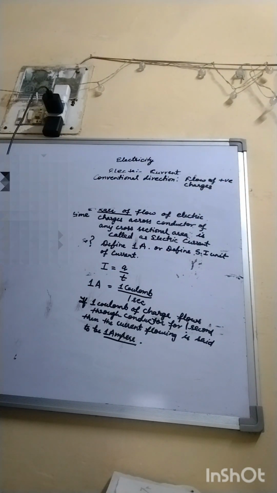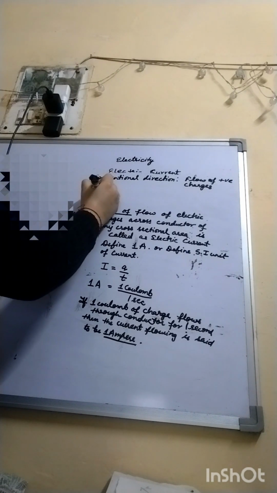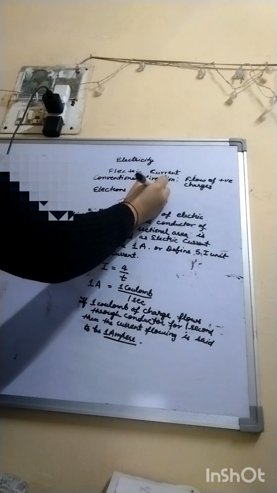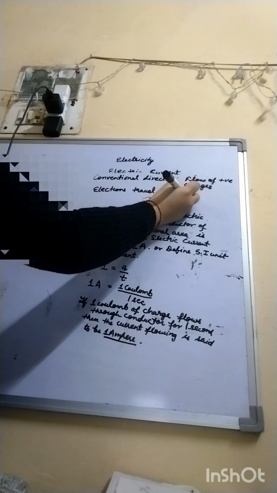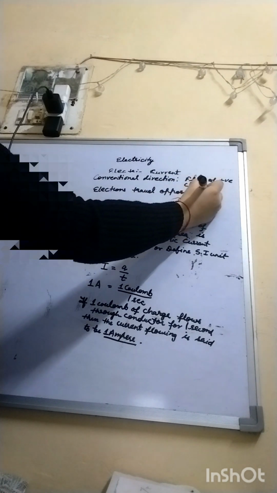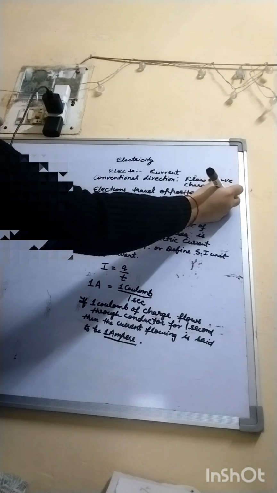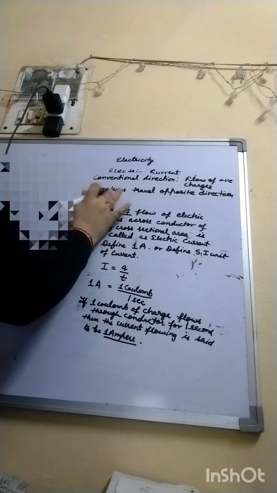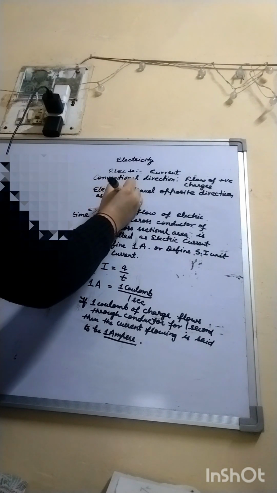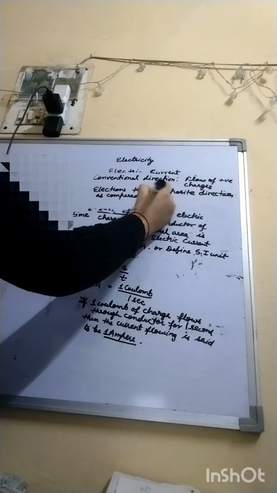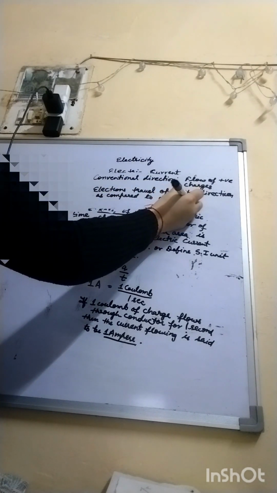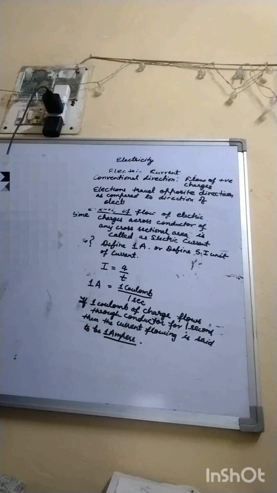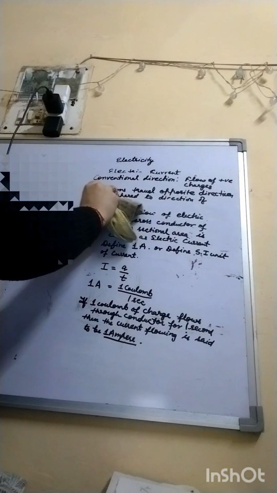However, when electrons were discovered, it was found that electrons travel in the opposite direction as compared to the direction of electric current, the direction of positive charges.